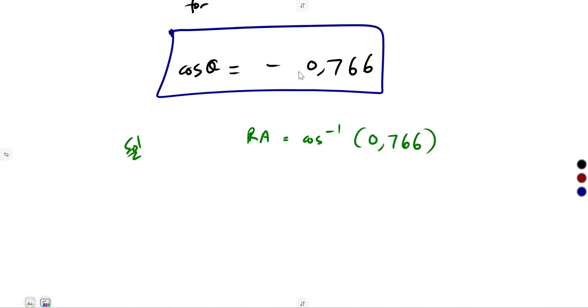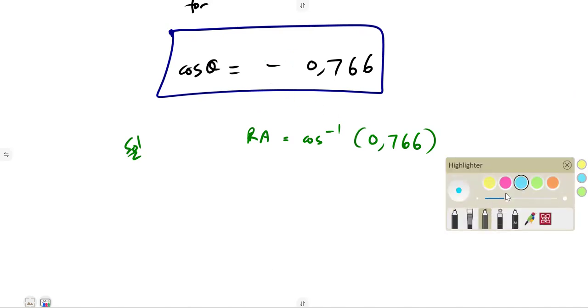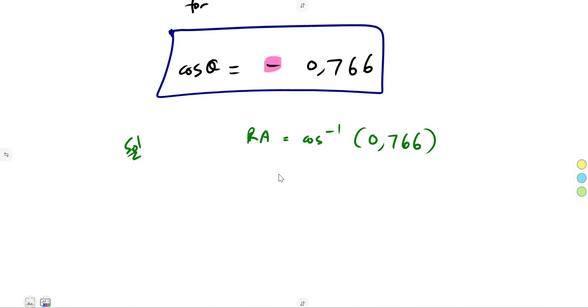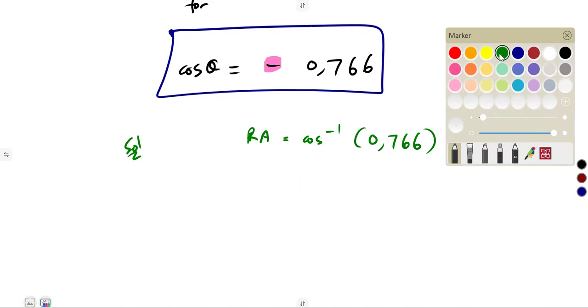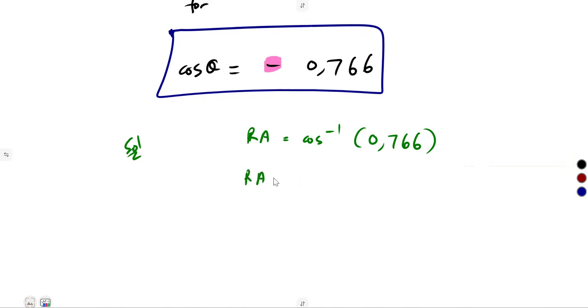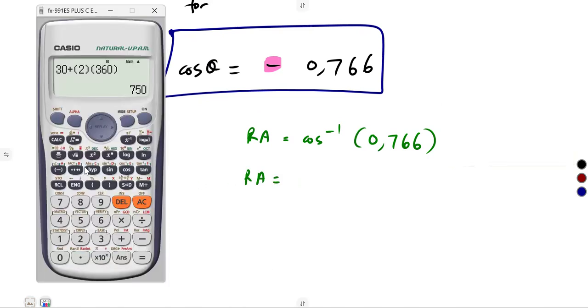0.766. Do not consider the sign. The sign is for the quadrants; we are going to talk about that later on. So what is our reference angle? In our case, this is our calculator: arc cos, shift cos 0.766.